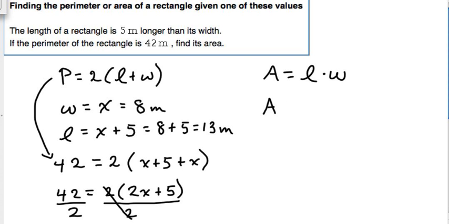So A equals 13 times 8, and 13 times 8 is 104 meters squared. So our answer is 104 square meters.